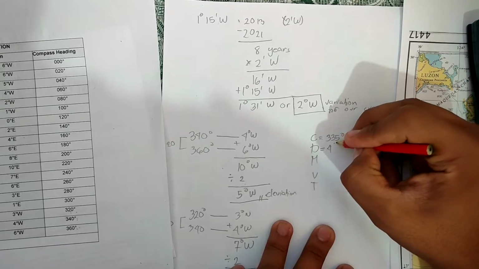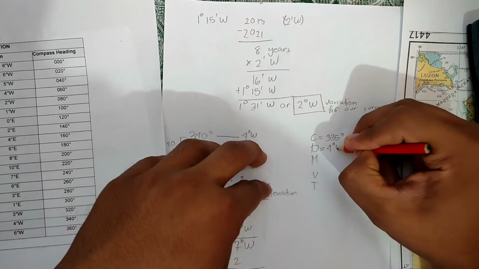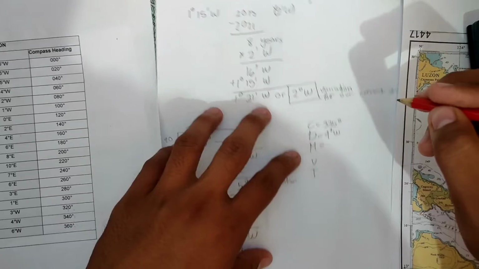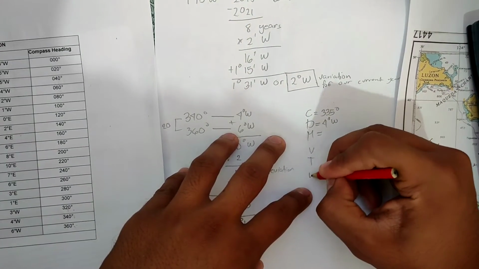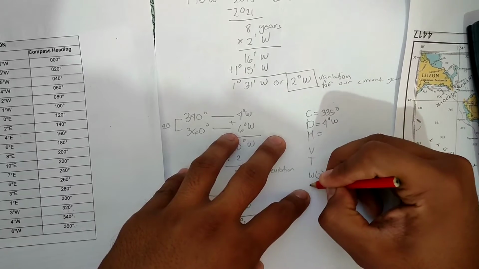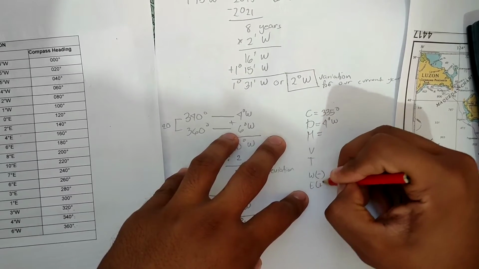compass course. So 4 degrees west, and the rule here is if the label is west, we will subtract, and if the label is east, we will add.